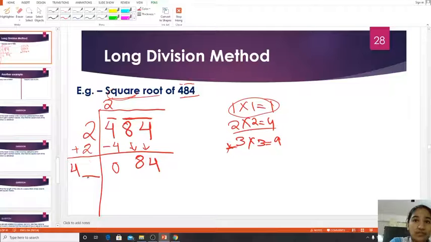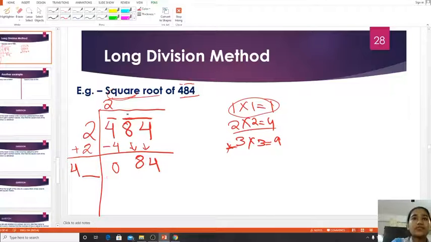Again, we have to insert a number whose square is near to 84. We have to take a digit over here with which we are going to multiply the same digit and get the same number or the nearest smaller number.